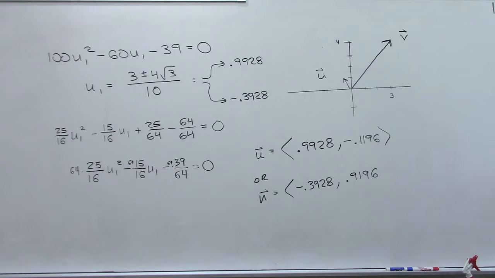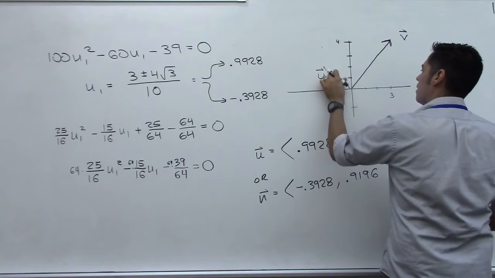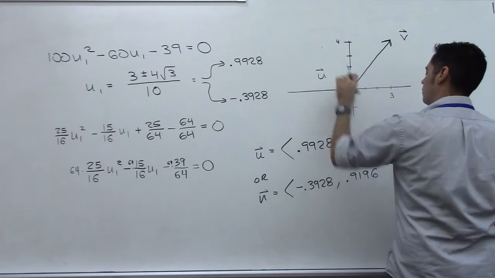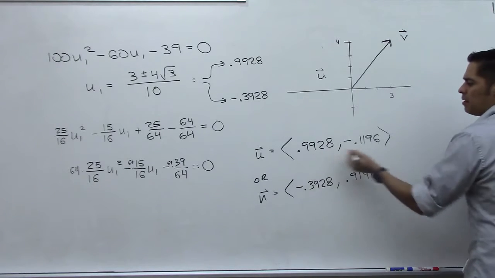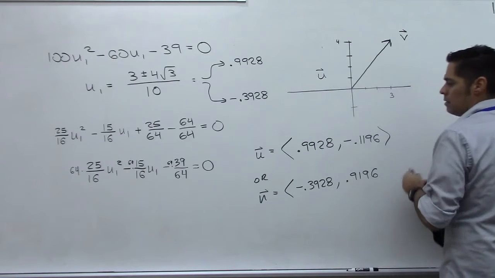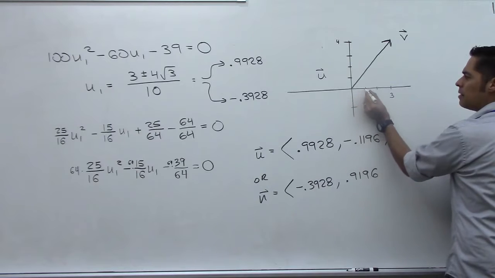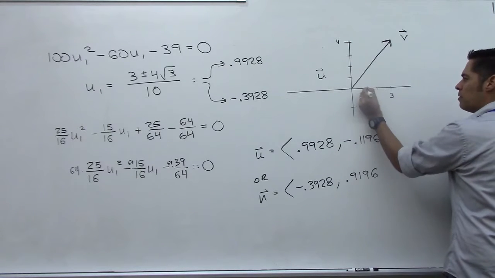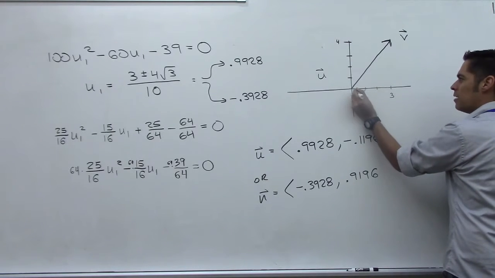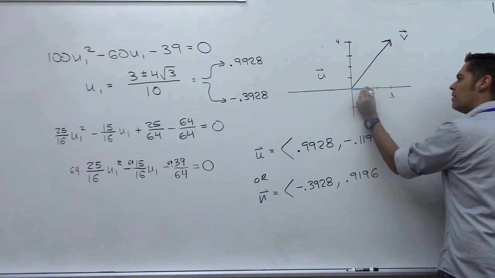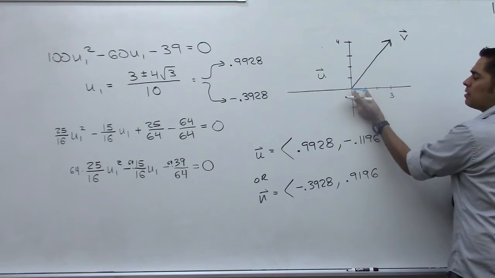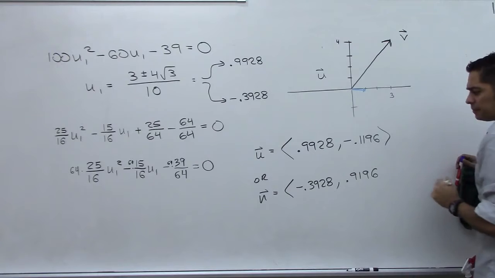Okay, so let's take a look at those. 0.9928 is here, and then down 0.1, so it's really close, like right in there, just down a little bit. That vector right there should be a unit vector and have an angle of 60 degrees.